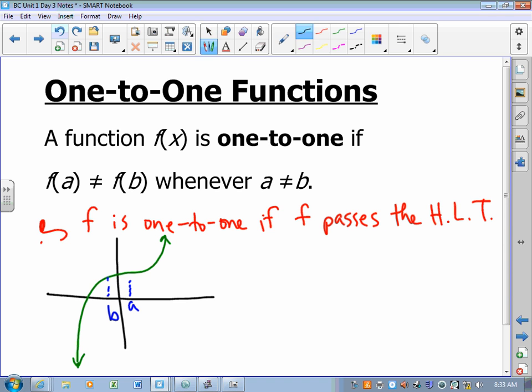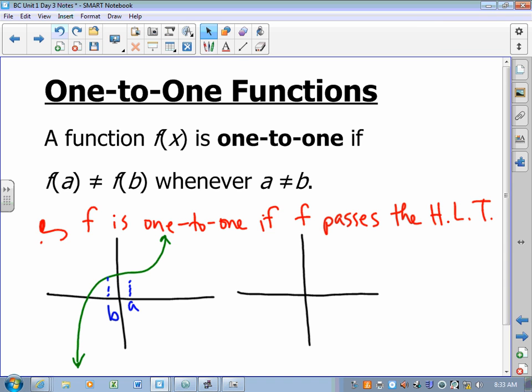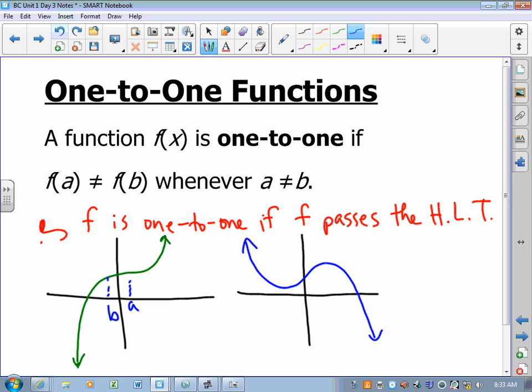But what if a function doesn't pass the horizontal line test? What if the function looks like this? This is a function, it passes the vertical line test, but it doesn't pass the horizontal line test. Why does that matter? Because it's not one-to-one. If I pick a out here and b out here, no big deal.